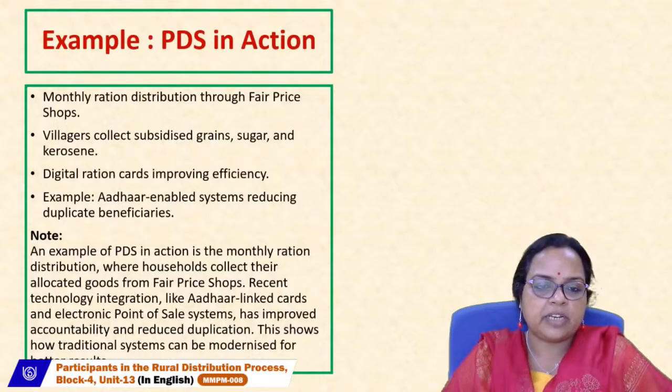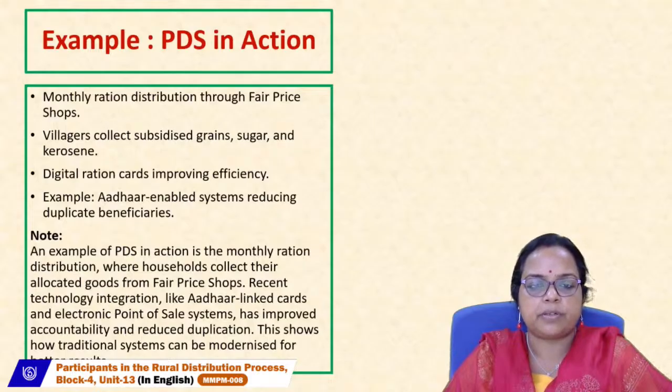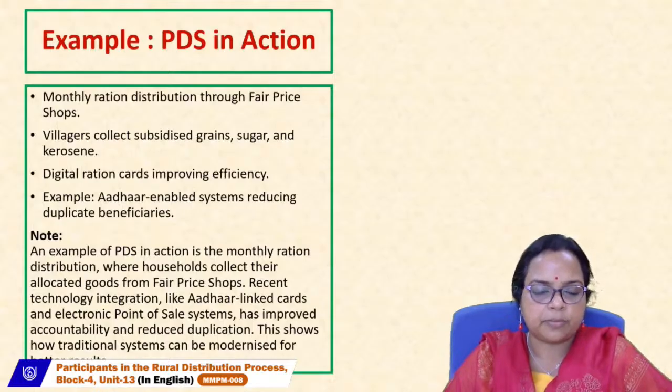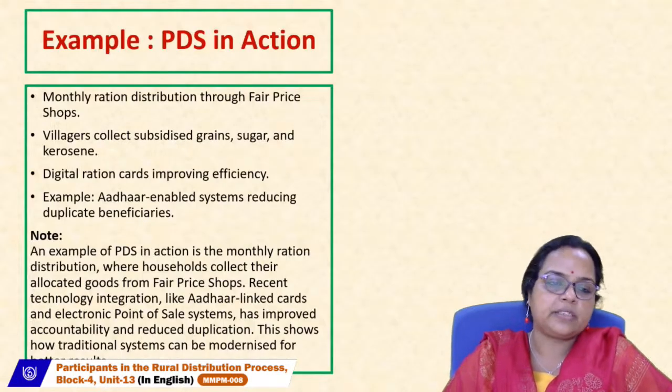So the villagers collect subsidized grain, sugar, and kerosene from the monthly ration distribution through fair price shops. What reduces corruption in the PDS system is the Aadhaar-linked cards. Nowadays, the government has initiated Aadhaar-linked cards and the electronic point of sale system. It is helping to reduce corruption, but again, the challenges are not yet completely closed for the PDS system.